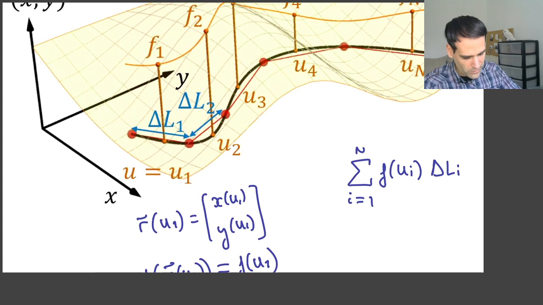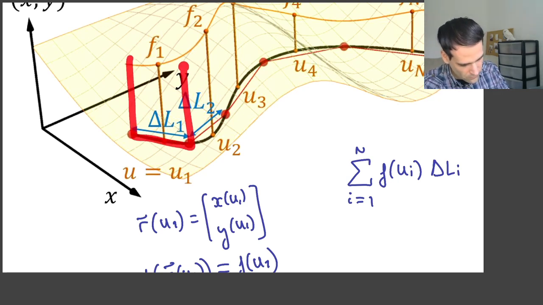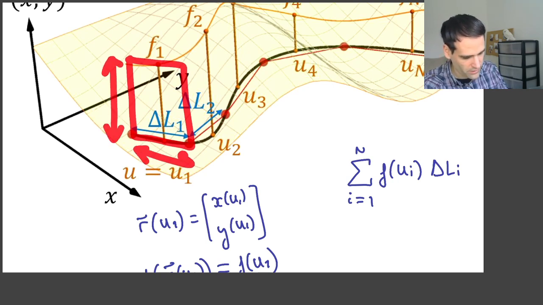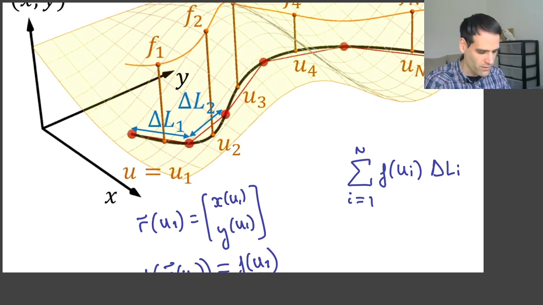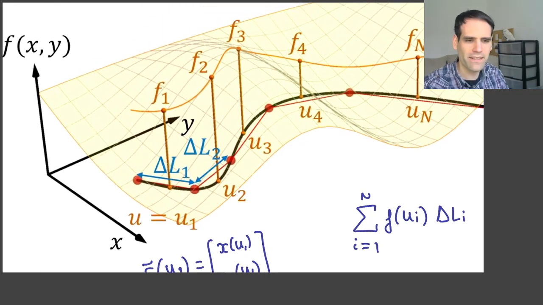So we are multiplying this height times this width. What are we doing? It's as if we are calculating a rectangle whose height is equal to f1 and whose width is equal to delta L1. Let me show you this in a Mathematica script for a different curve.